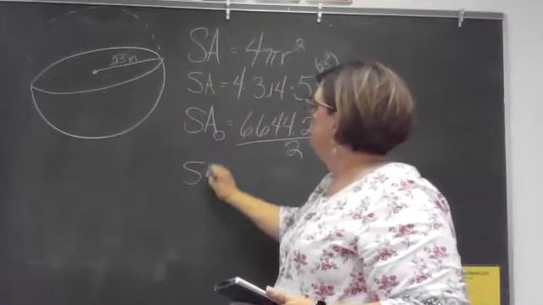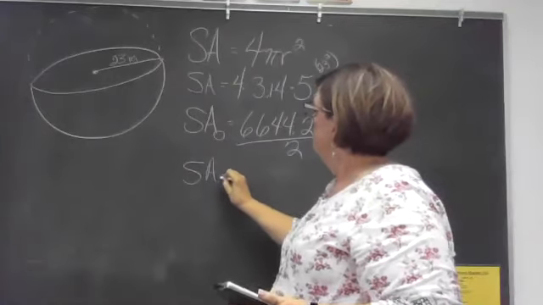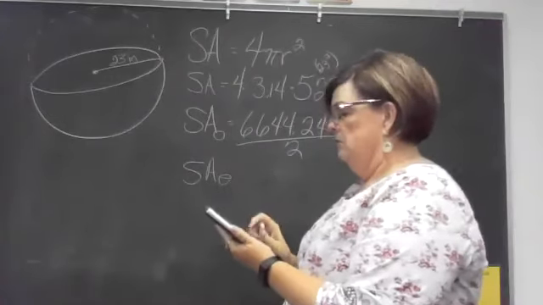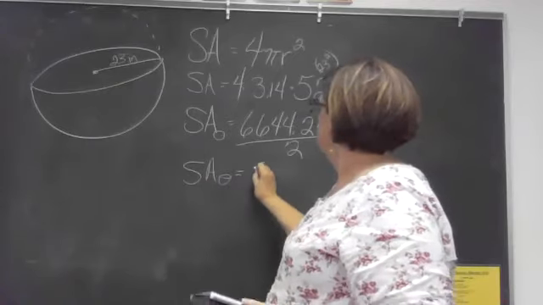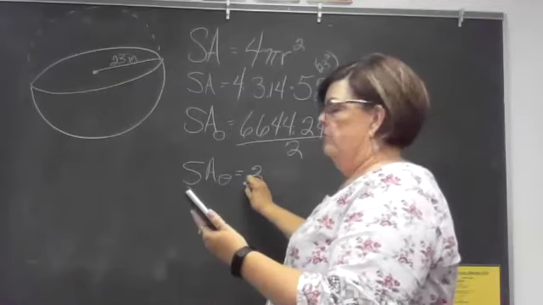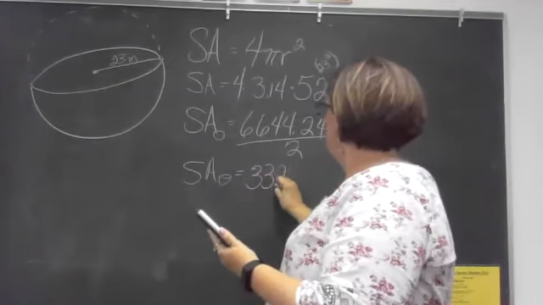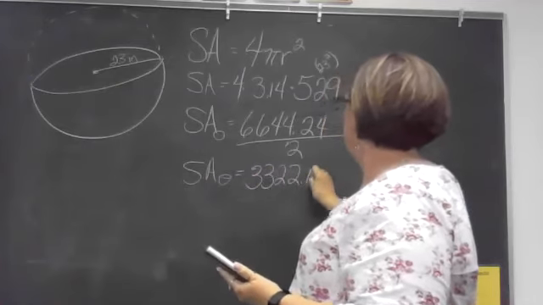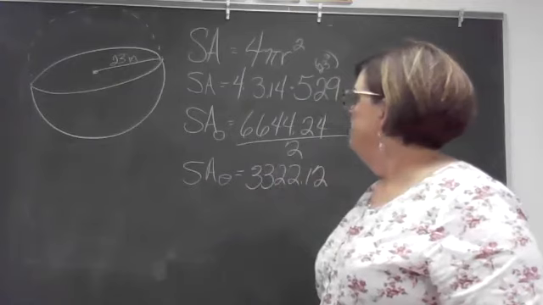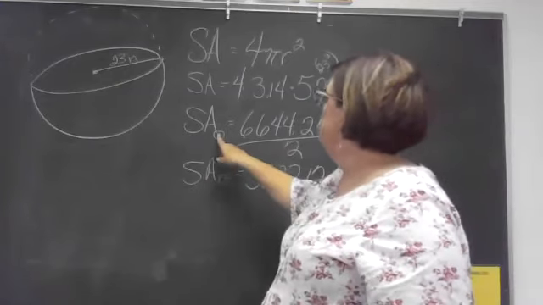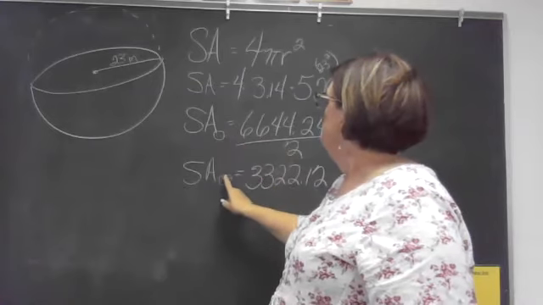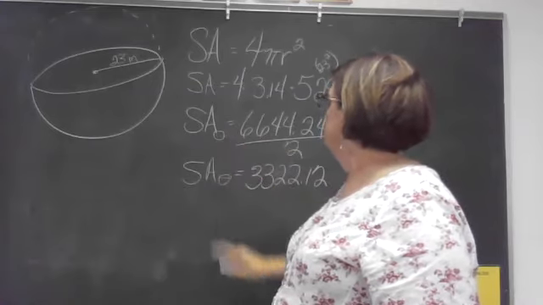And so the surface area of the hemisphere is 3322.12. Okay? But we know now that when we sliced this sphere in half, we exposed another circle.